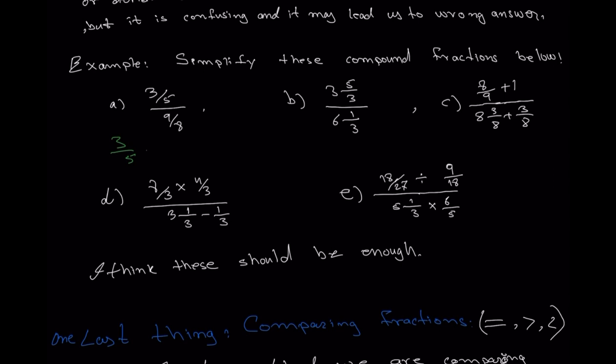This is a division. We can write it down as 3 over 5 divided by 9 over 8, and then we can just follow the last section. So 3 over 5, we will not touch it. Now we will flip the sign and we will flip the second fraction, 8 over 9. 1 times 3, 3, 3 times 3, 9. It will be 8 over 15 for this fraction.